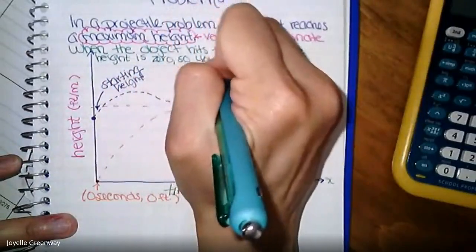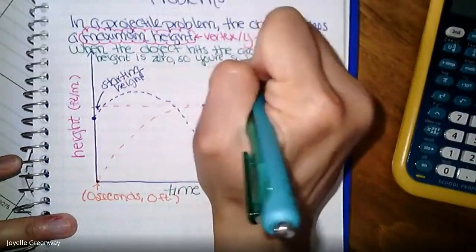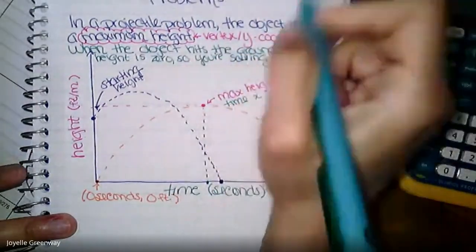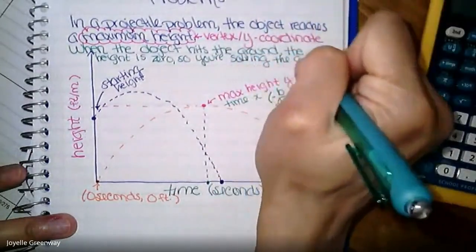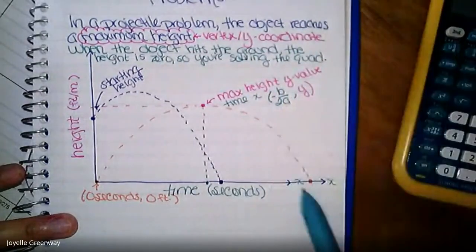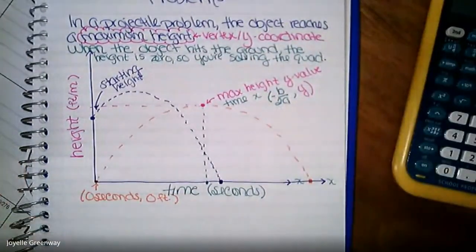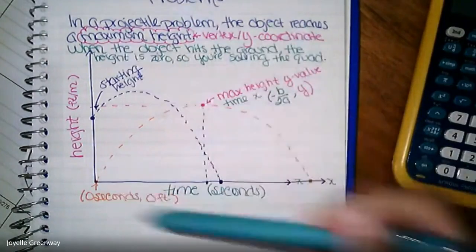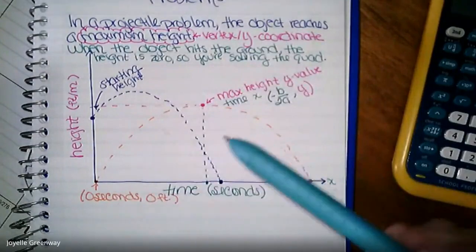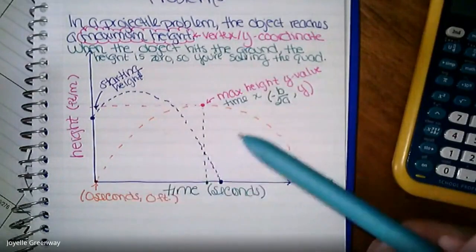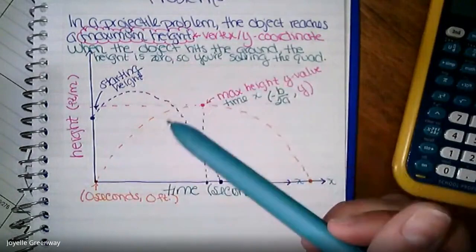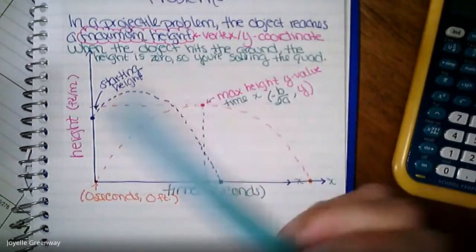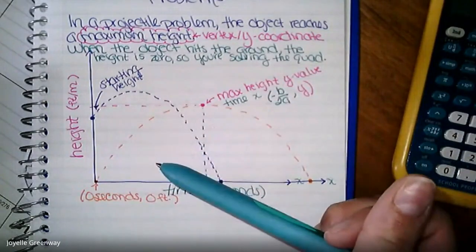So you're looking for your roots. You're solving the quadratic to see when it crosses that x-axis. This is important: you need to know what you need to do to answer the question. This is why projectiles at first can seem a little bit confusing, but as you go through it, it makes more sense.